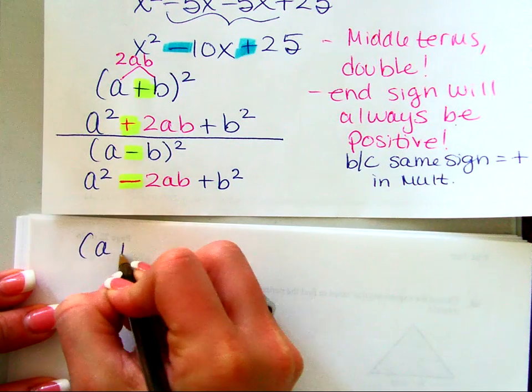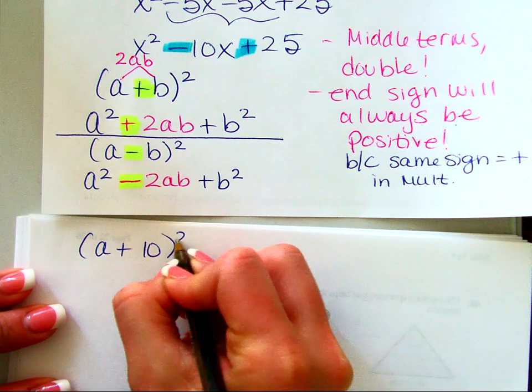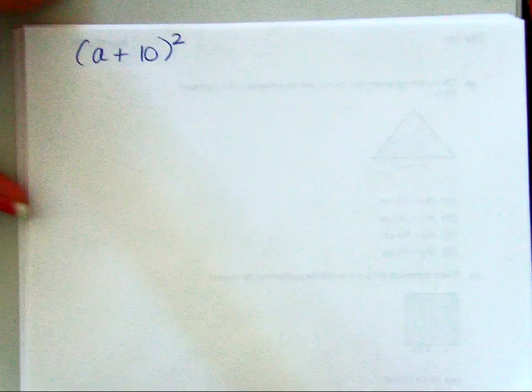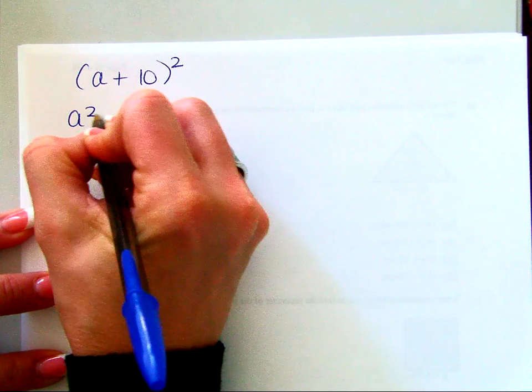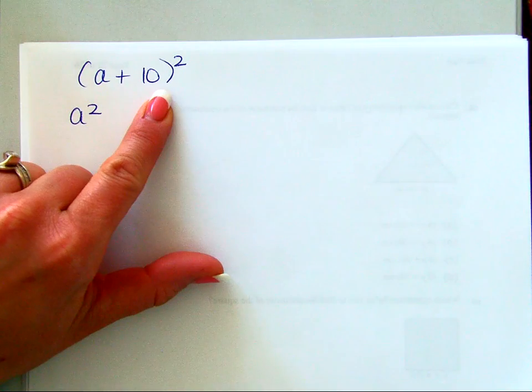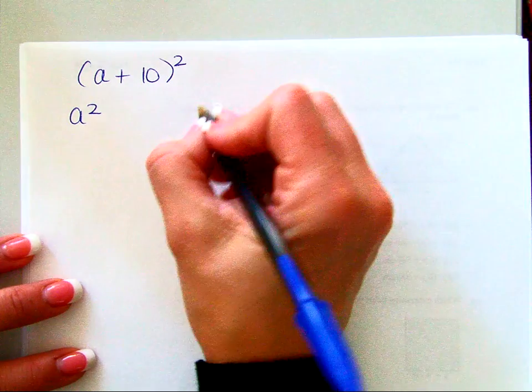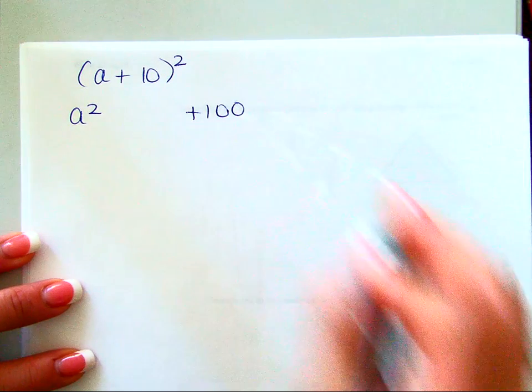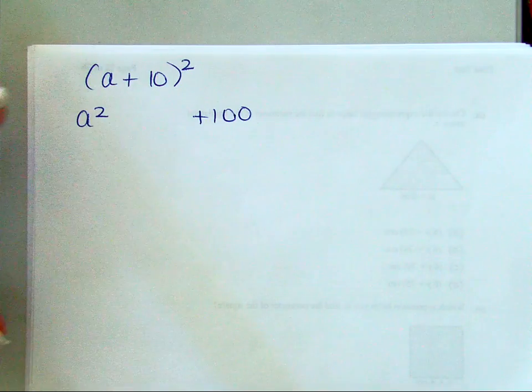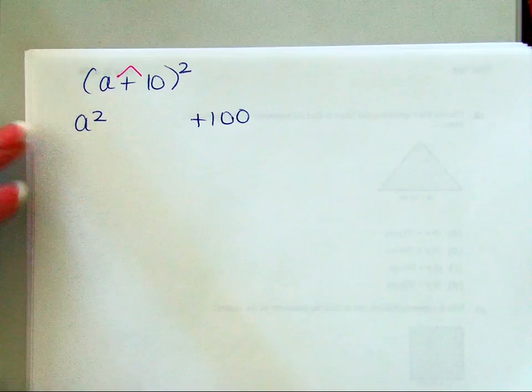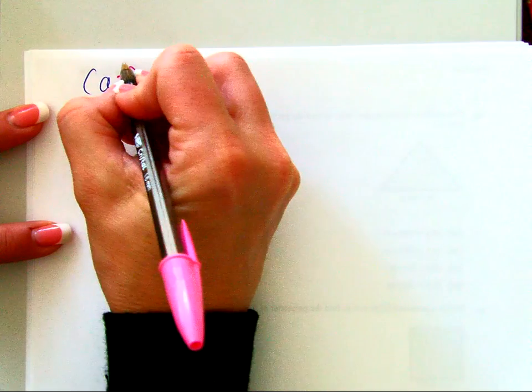Let's take a plus 10 and square it. So here's my shortcut. Square a, square b, and positive 10 times positive 10 is 100, okay? And now this is where you're going to multiply your two terms together and then double it.